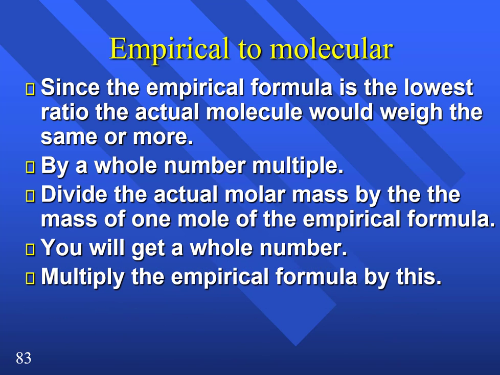You're going to get a whole number, so you multiply the empirical formula subscripts by that. So you can change those subscripts. This is just going backwards. You saw C6H12O6 was CH2O. Now, with a molar mass, we're going to be able to go from CH2O back to C6H12O6.